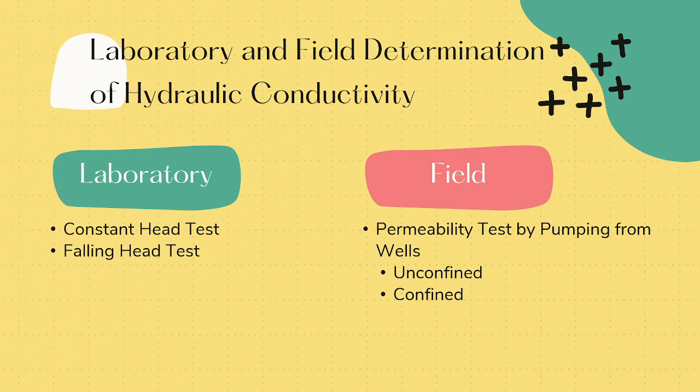In the field, hydraulic conductivity can be determined by pumping from wells. This is similar to our hydrology class, the one we have discussed in the flow of groundwater, which involves the unconfined and confined aquifers.